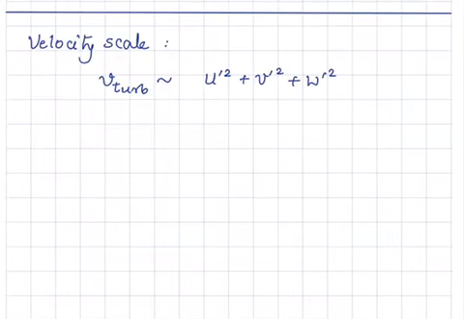Imagine that you have u, v and w primes in the three directions. How would you find the resultant? You would take the squares, sum them and take a square root.